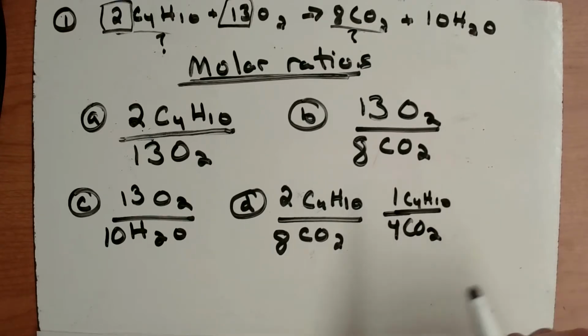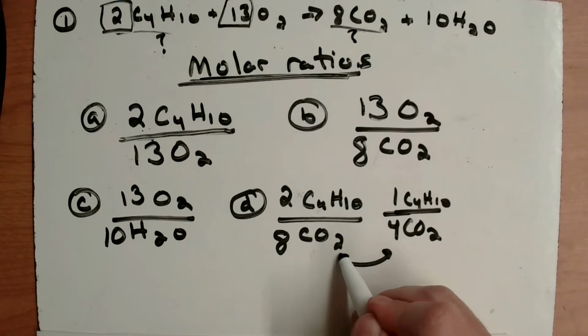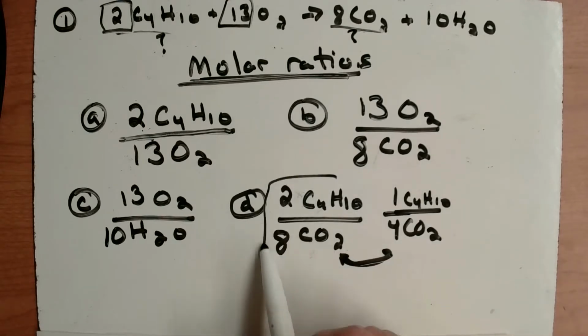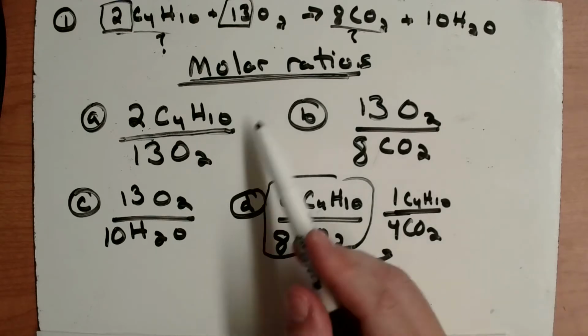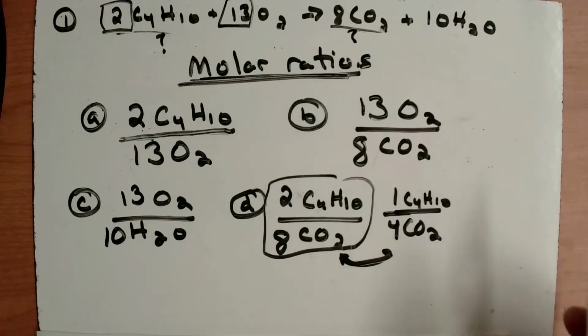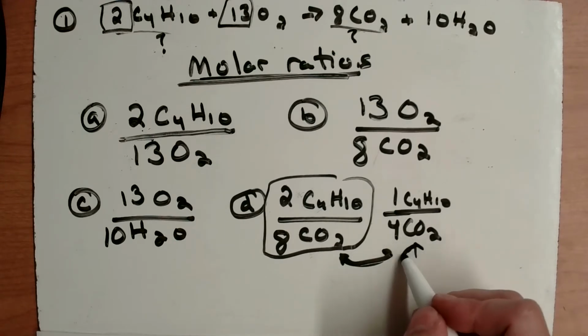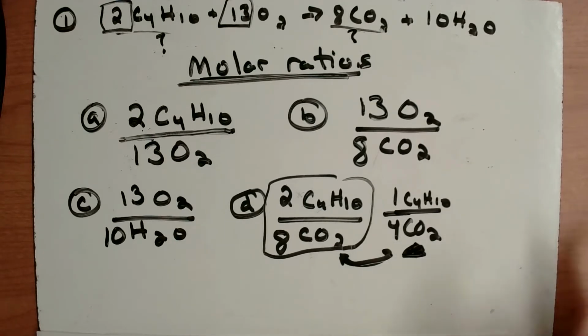I honestly don't care. Either answer is fine with me. I personally prefer it this way just because that's what's from the balanced chemical equation. But ultimately, when we do the math on these things, this one's going to be what's happening in reality. So it doesn't really matter.